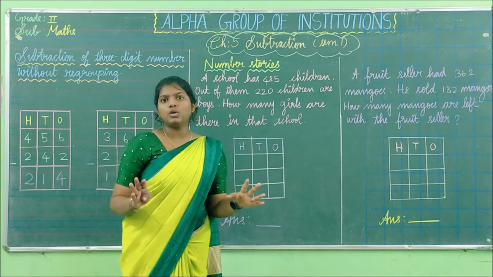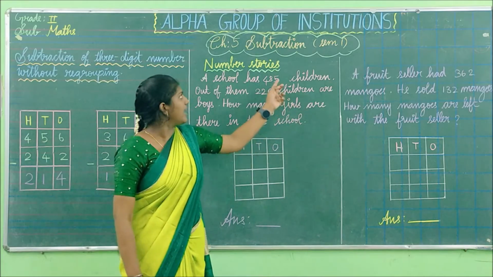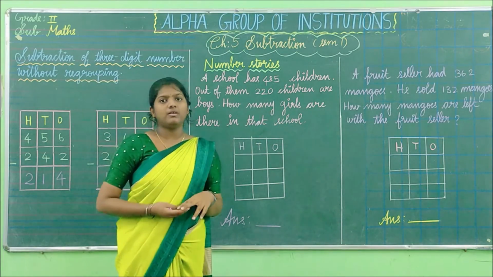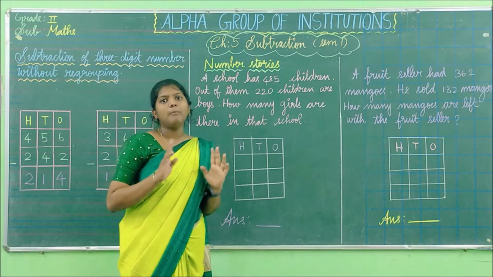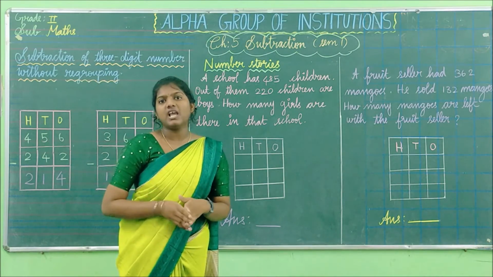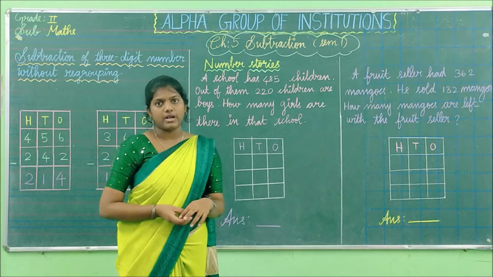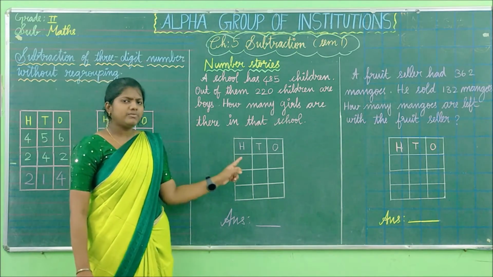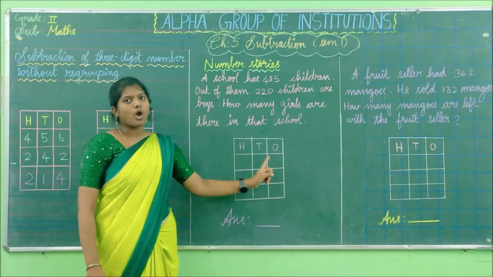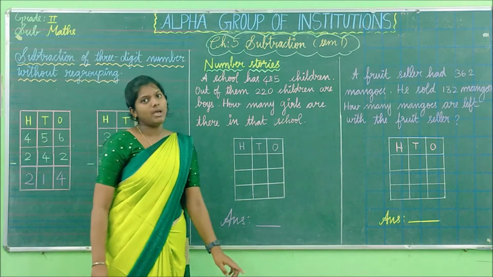So that is a school. In the school, how many children are there? 485. Among that, 220 are boys. And they are asking how many girls are there. Shall we fill this column? Always we should write the bigger number at the top and smaller number at the bottom.